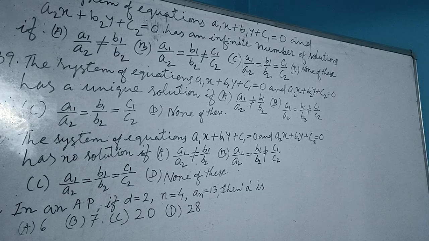The system of equations a1x plus b1y plus c1 is equal to 0 and a2x plus b2y plus c2 is equal to 0 has an infinite number of solutions.